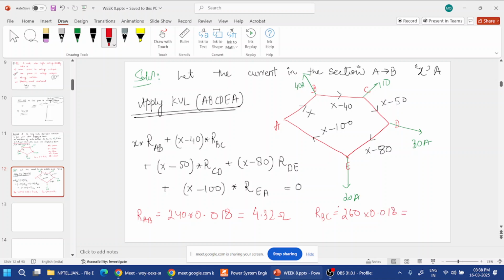How much value is it? Give me in the chat box. It is, I think, 4.68. Am I correct or not?